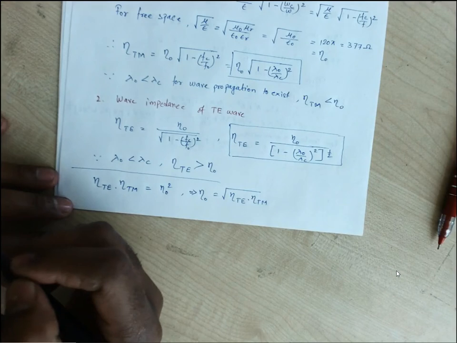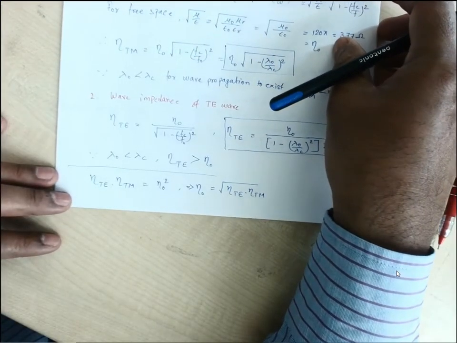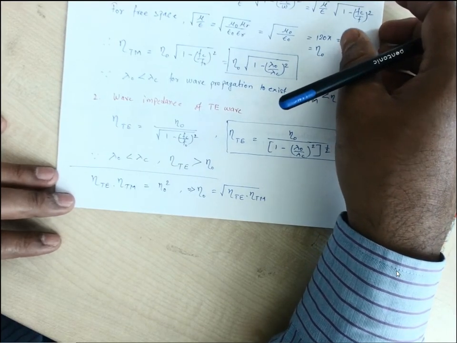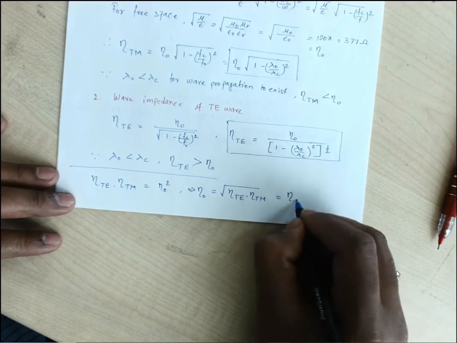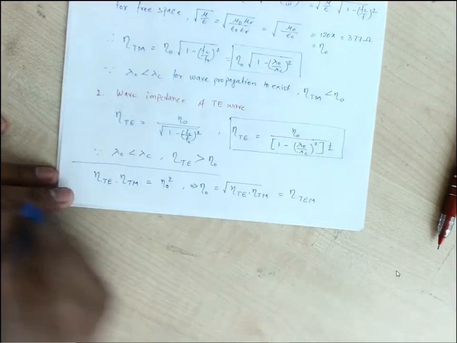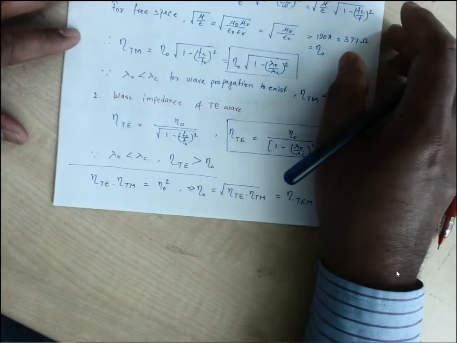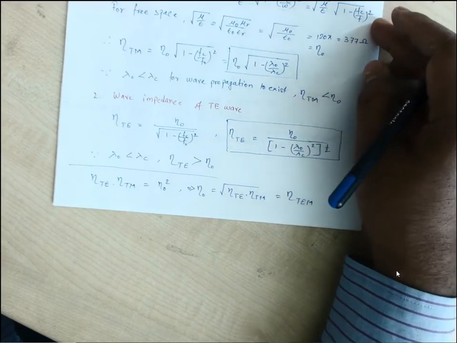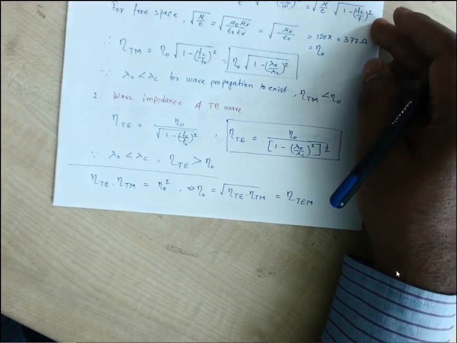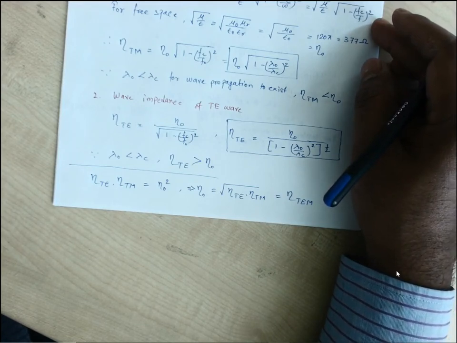So what is this eta naught? Eta naught is the intrinsic impedance when the wave propagates in free space. It is the same as the intrinsic impedance for the TEM wave, because when the wave propagates in free space, it is considered a TEM wave. So if we multiply the impedances for TE and TM, we are left with the intrinsic impedance of the TEM wave.